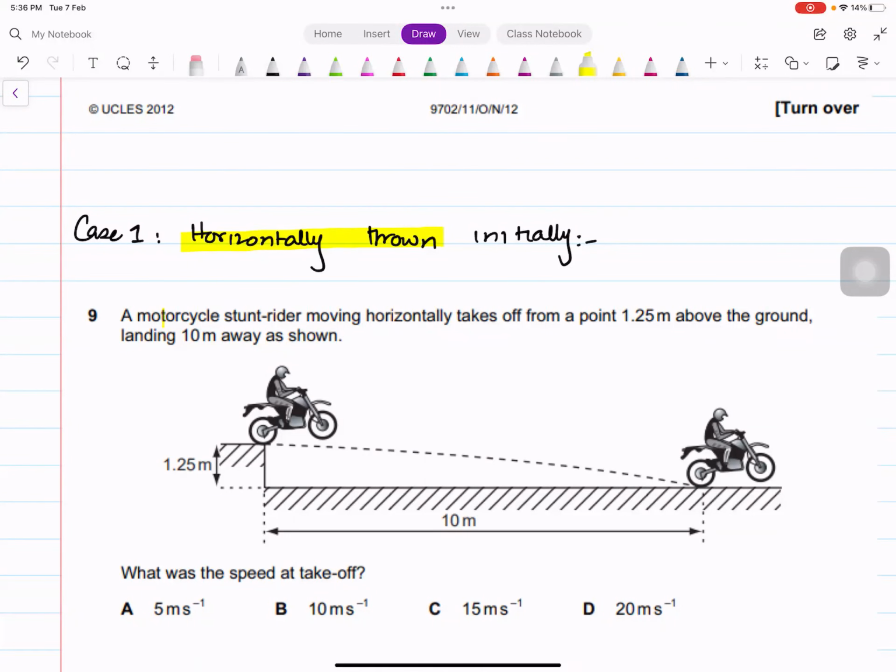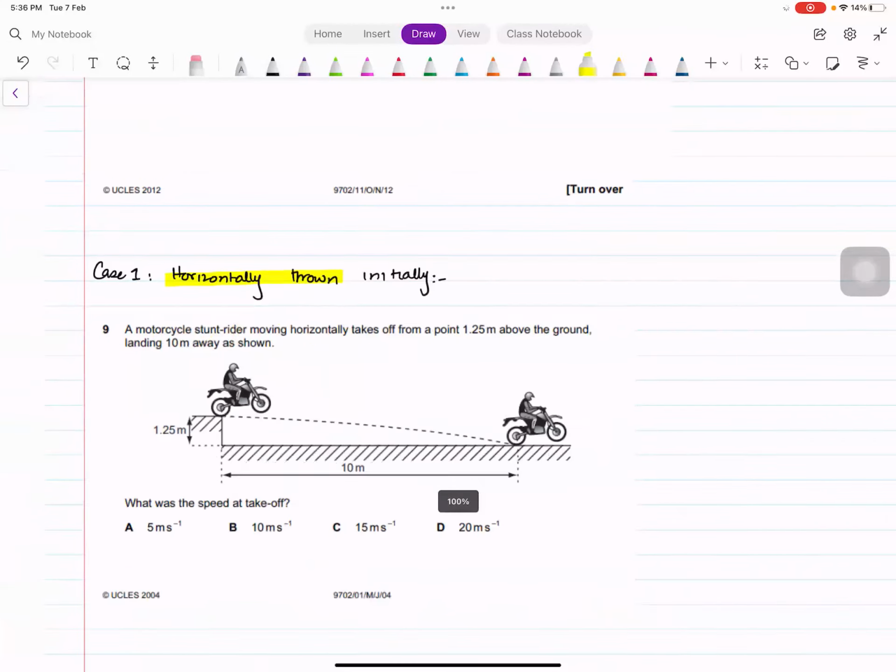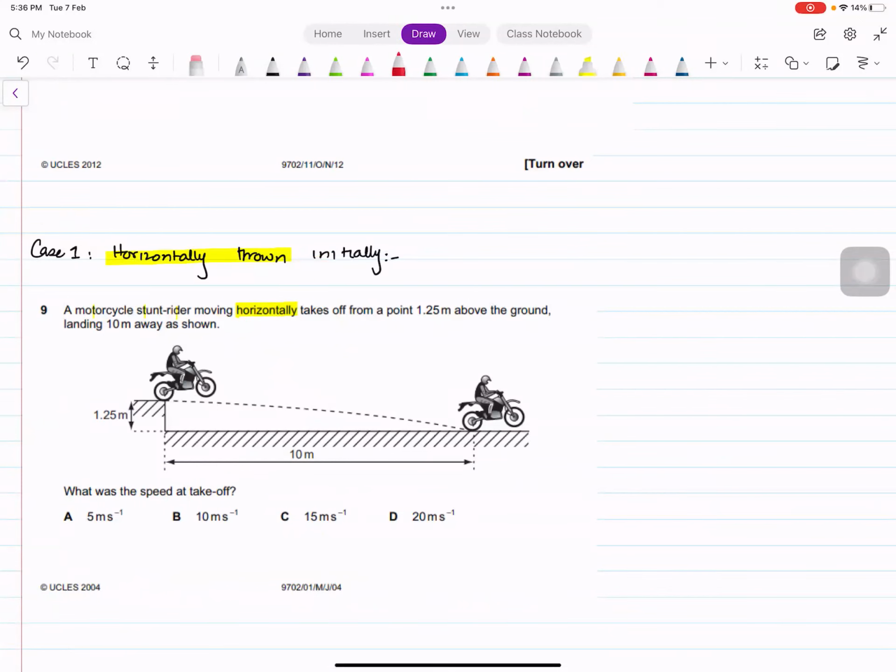A motorcycle stunt rider is moving horizontally. In any case, when something is horizontal, you should always remember that the initial vertical velocity has to be zero. That is the thing you should remember.